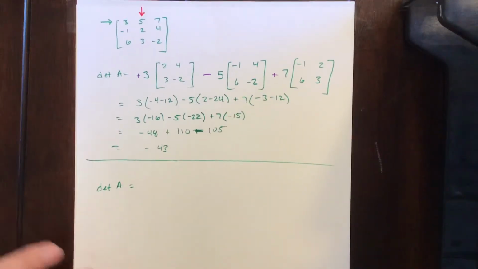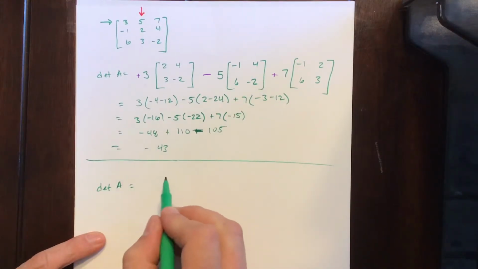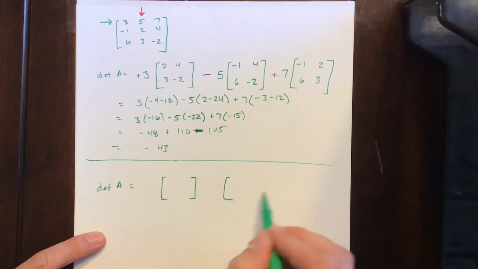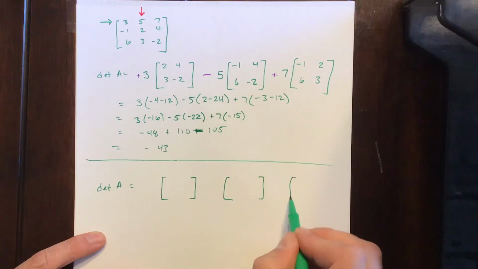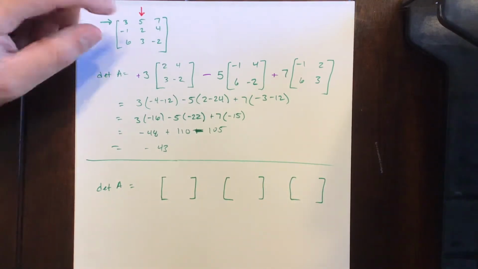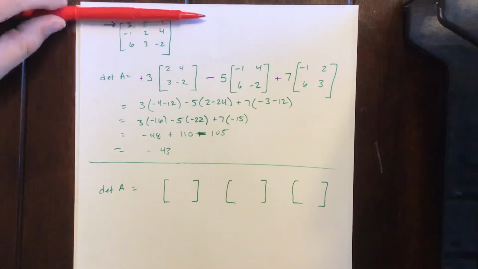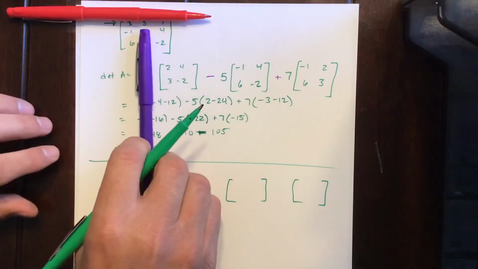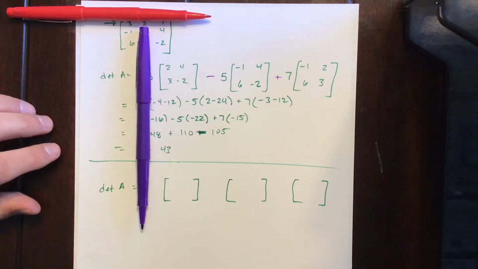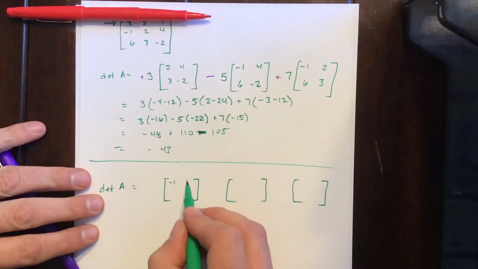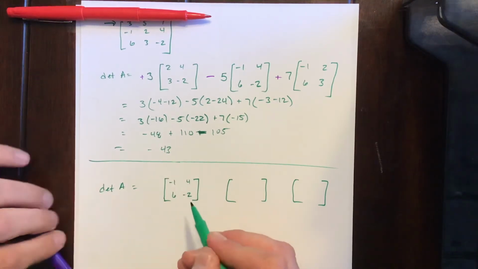Let's see. If I go down column 2, here's my 3 2x2 matrices. I cross out the row that 5 is in, along with the column. You're left with negative 1, 4, 6, negative 2.